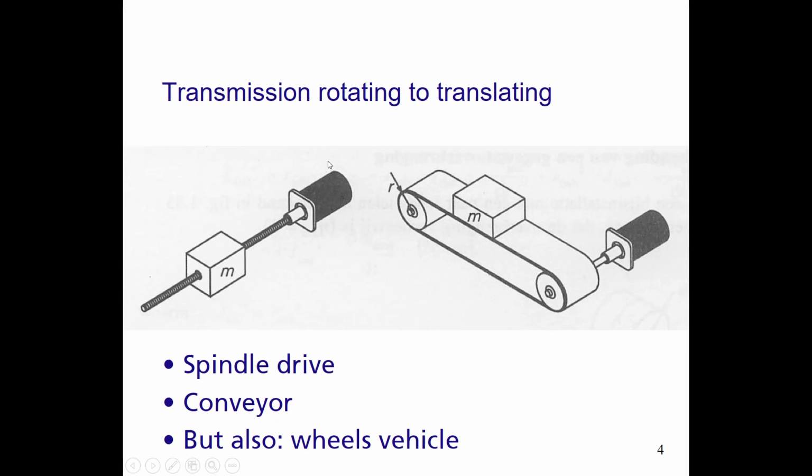Another rotating to translating transmission is this belt drive, this conveyor, which transforms this rotating movement towards a translating movement over here. We see it also in carriage drives and in scanning drives, but also the wheels of a vehicle transform the rotating speed to a translating speed, of course.